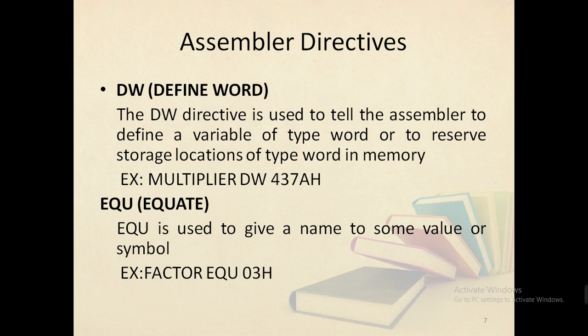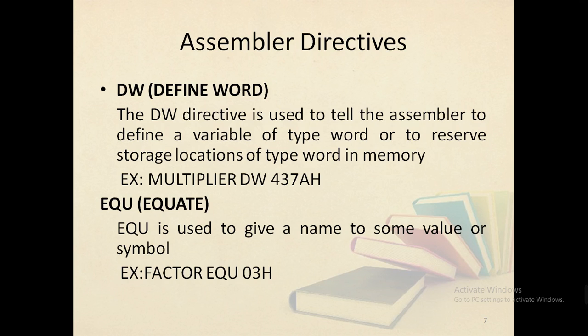Multiplier DW 437AH declares a variable of type word named multiplier and initializes it with the value 437AH when the program is loaded into memory to be run. And take one more example, that is words DW 1234H, 3456H. It declares an array of 2 words and initializes them with the specified values.